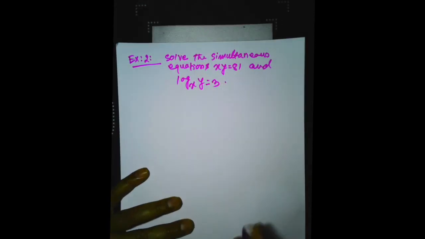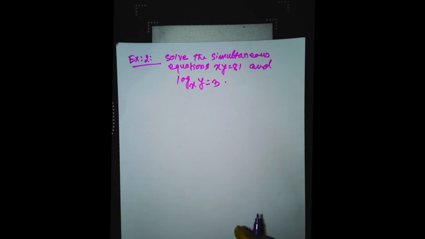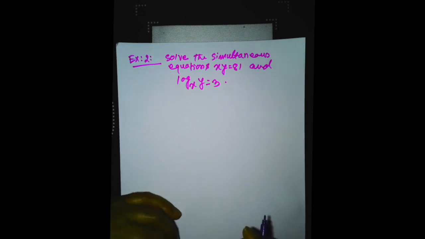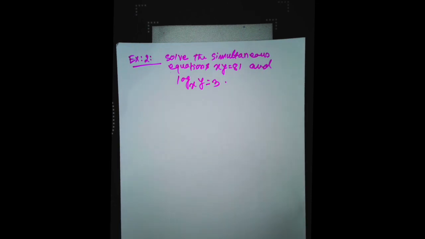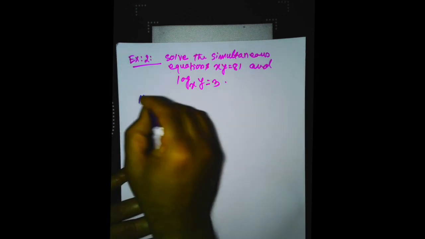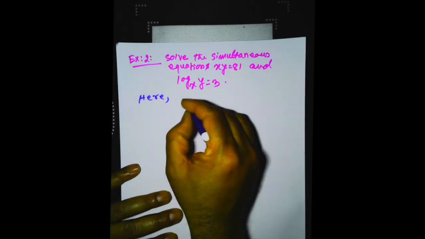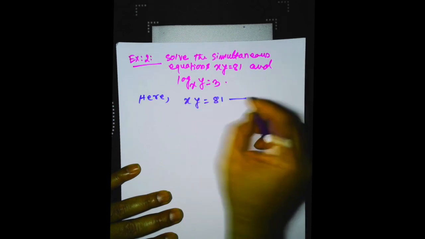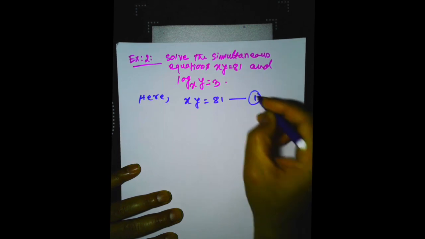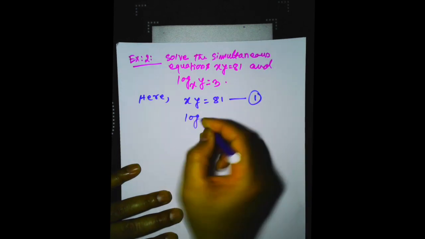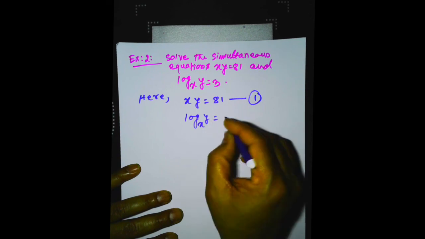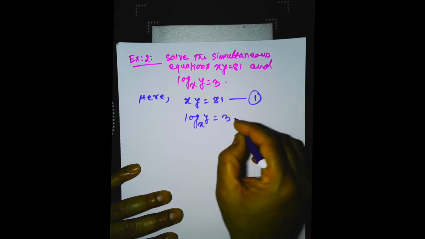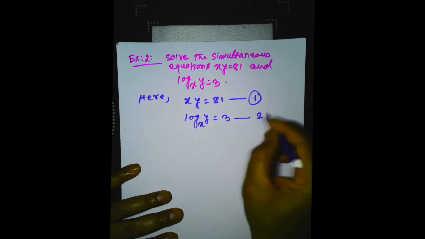This can also be done by using our usual way of solving simultaneous equations, but one additional piece of knowledge that is required is the laws of logarithm. So here you have two equations. One equation is xy equals 81, this is equation 1, and another equation is log to base x of y equals 3, that is the second equation.